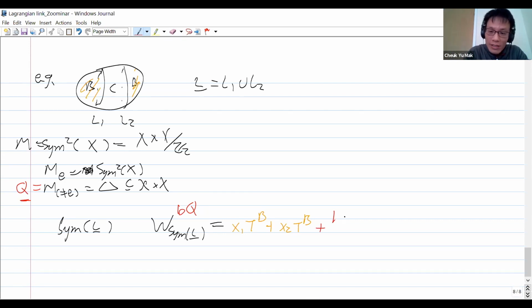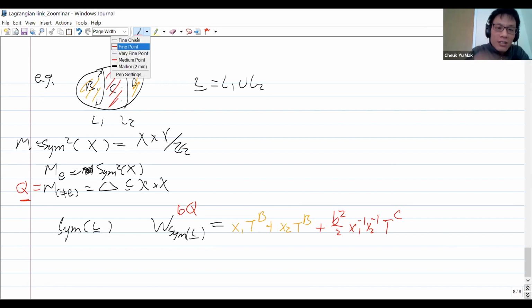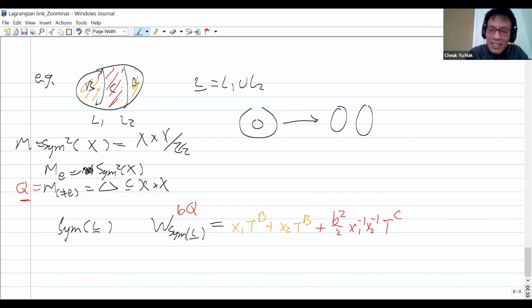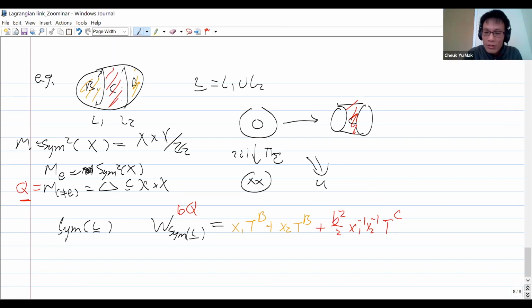So we will have something like x1 inverse, x2 inverse, t to the power c, corresponding to the annulus here. There is an annulus mapping to this guy, c here, mapping to there, and together with the 2 to 1 branched covering to a disk with 2 orbifold points, then the corresponding map u in the symmetric product will be a holomorphic orbifold disk, and the total contribution will look like this.